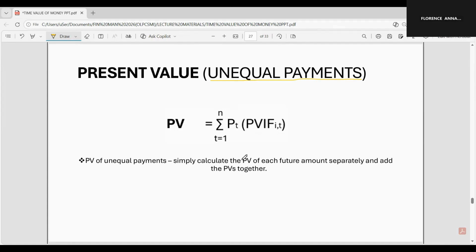Okay? Now, what about the computation of your present value with unequal payments or your uneven cash flows? That is just simply the summation of your present value of each future amount, which you will compute separately through your FVIF or your present value interest factor.